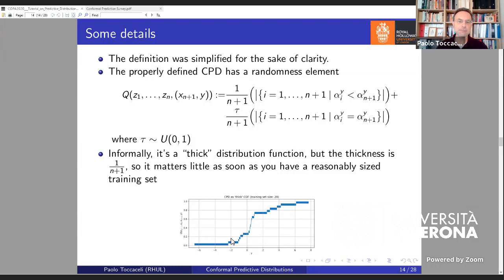The fact that this is thick is obviously important from a formal standpoint, but in practice, it matters relatively little, because hopefully you're going to have a reasonably sized training set. And of course, as you have a reasonably sized training set, the width is small, especially compared to the kind of errors that you're going to have for other reasons.